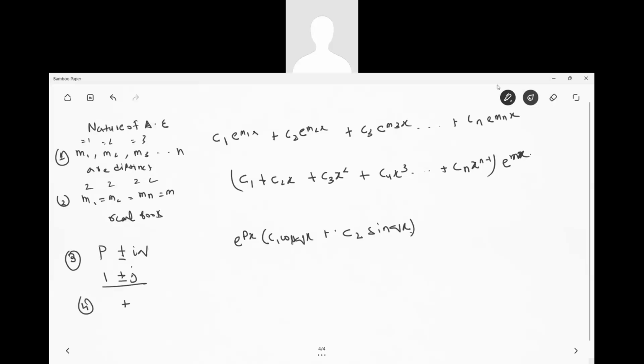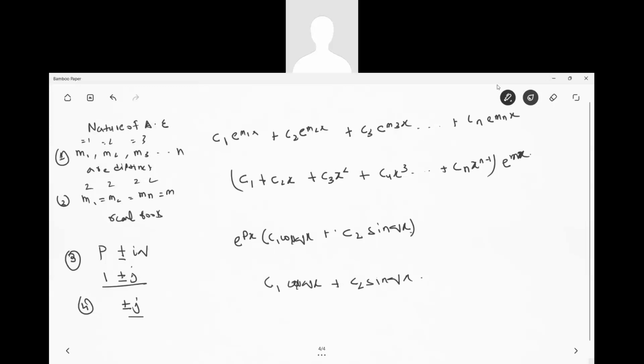If you are having only plus minus j, only the complex part, no real part, then you just write c1 cos qx plus c2 sin qx. Till here you understood now? Are you following this?